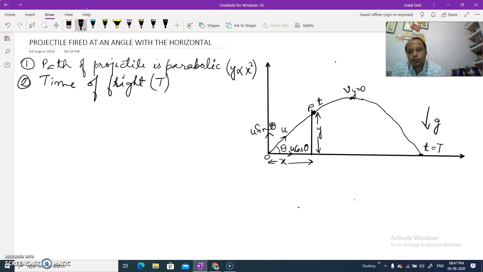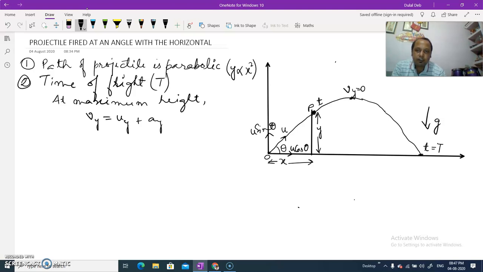So at maximum height, when the height is maximum, V is equal to U plus At. So Vy is equal to Uy plus Ay t. This formula can be written where Vy is equal to 0.